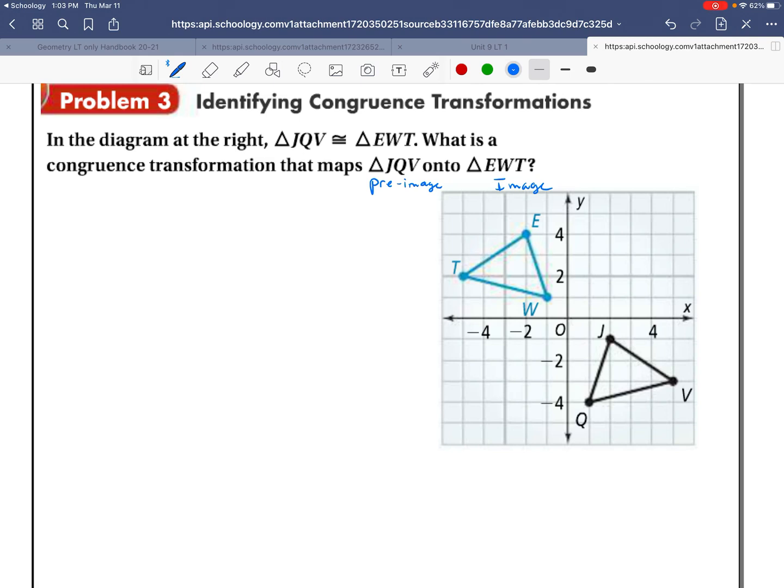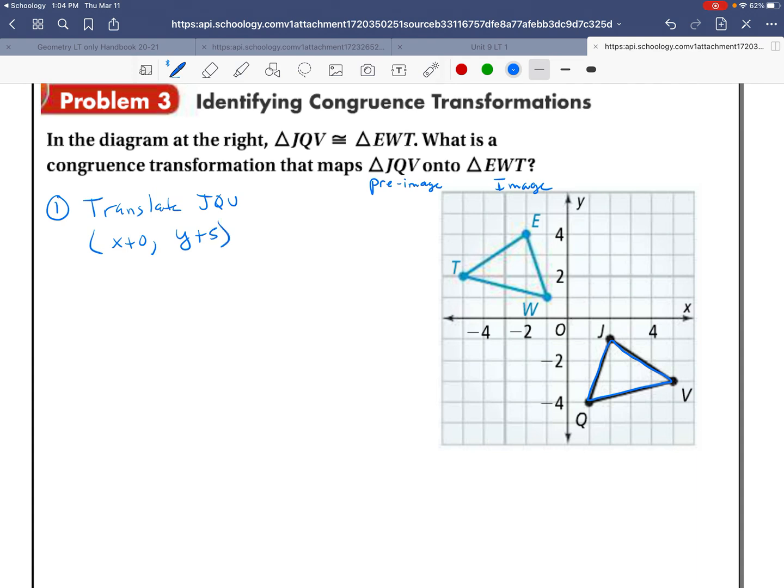All right, starting at JQV, looking down here, it looks as though I'm going to need to do a reflection and a translation. So the first thing I'm going to do is translate JQV. And I'm going to go not left or right, so I'm going to go x plus 0, but I'm going to go up 5.